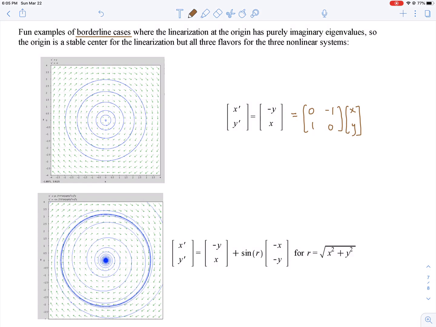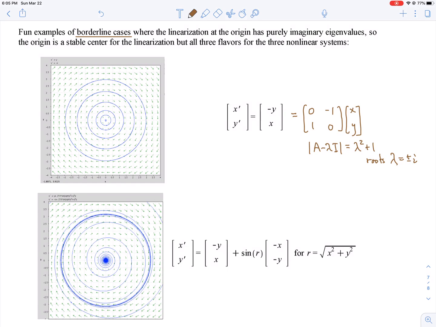In any case, the determinant of this matrix, you can see just by putting minus lambdas on the diagonal, is lambda squared plus 1, which has roots lambda equals plus or minus i. And we knew it was a stable center from the pictures.